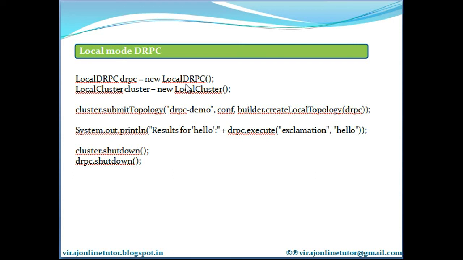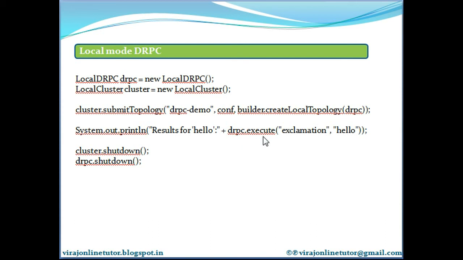Hence the topology needs to know about the object to communicate to, and that is why the create local topology function takes in the local DRPC object as input. After launching the topology, you can do DRPC invocations using the execute method here.